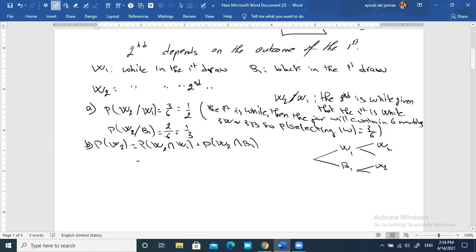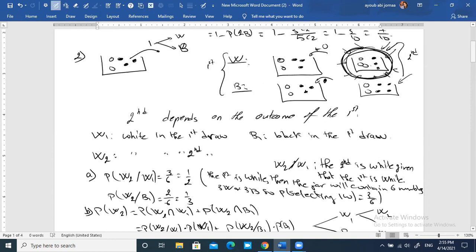Then you can apply the rule, because you already found these. So it's the probability of W2 given that W1 times the probability of W1, plus the probability of W2 given that B1 times the probability of B1. The probability of W2 given that W1 is 1/2, times the probability of W1. What is the probability of W1?